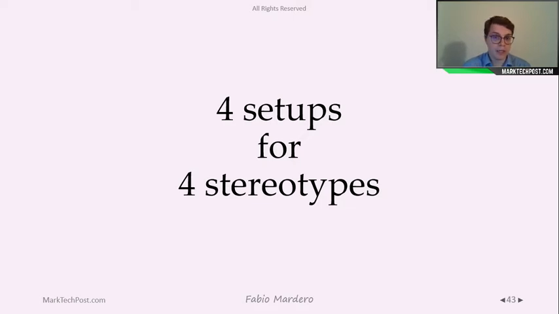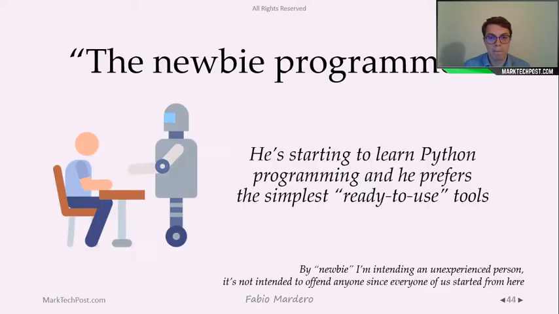So to explain these 4 steps, I want to present you 4 different setups for different stereotypes, we could say. For example, we have the newbie programmer. Here I name it newbie. The term newbie is intended as an inexperienced person.